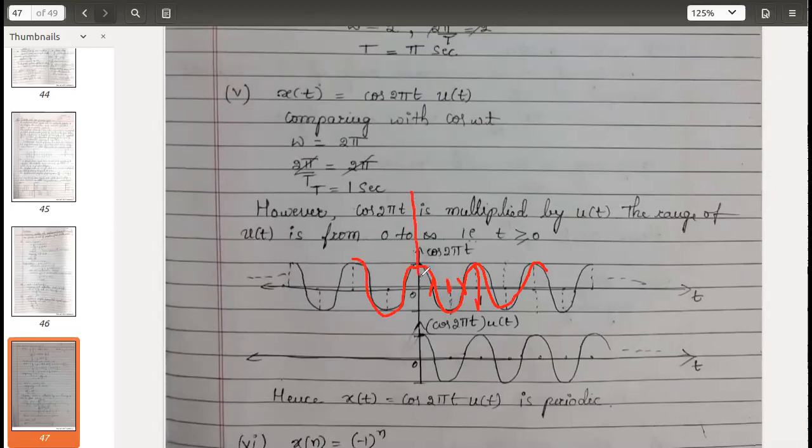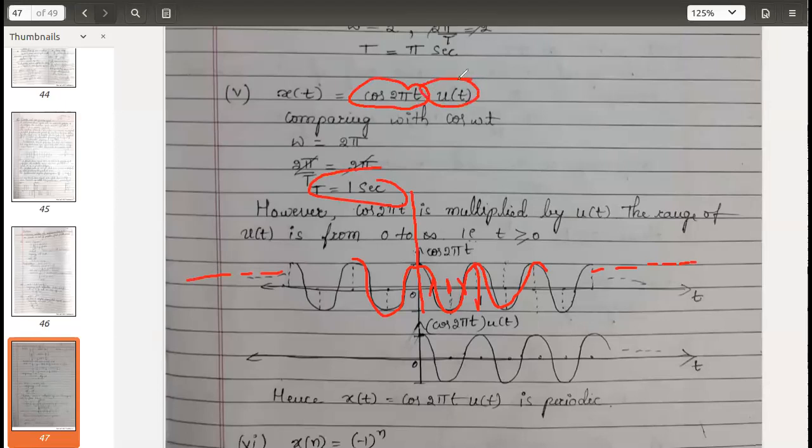It is symmetric about the vertical axis. Cos is an even signal. Its reflection is the same. So I have drawn this, from minus infinity to plus infinity. These are periodic signals, they are repeating, time period equal to 1. I am talking about only cos 2 pi t.